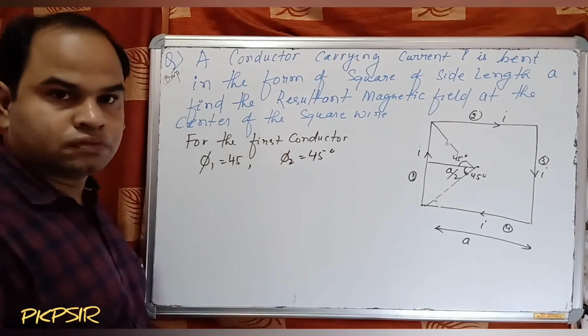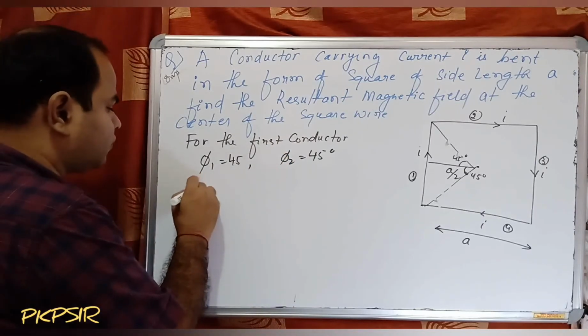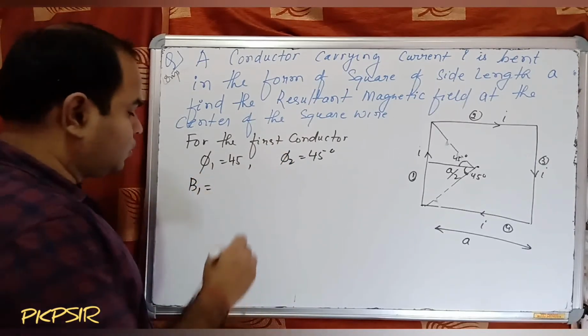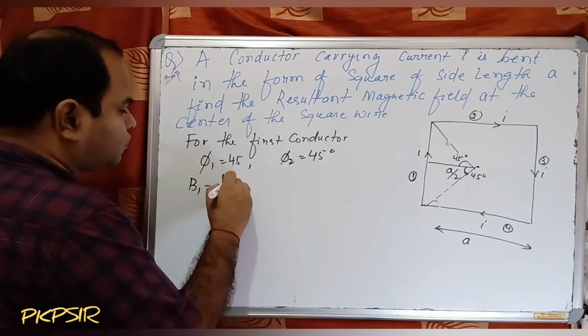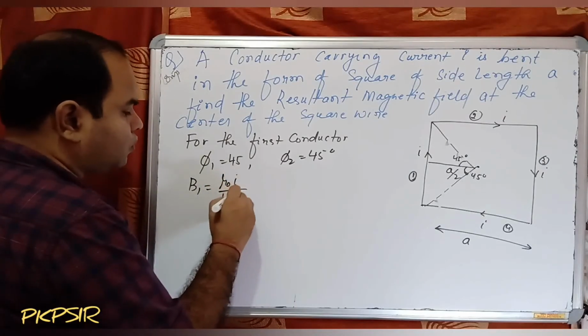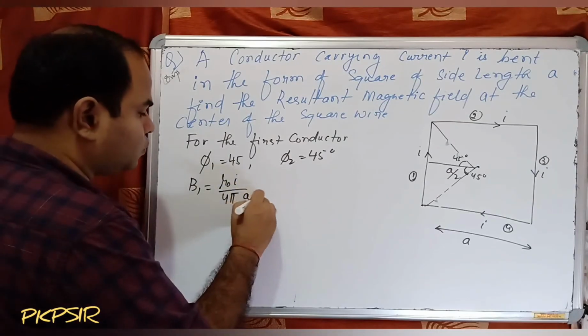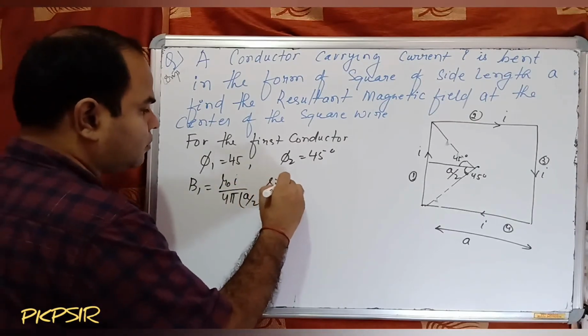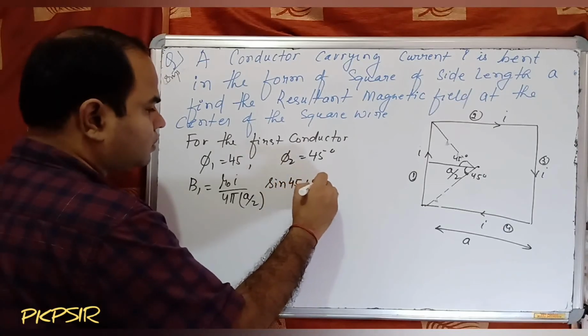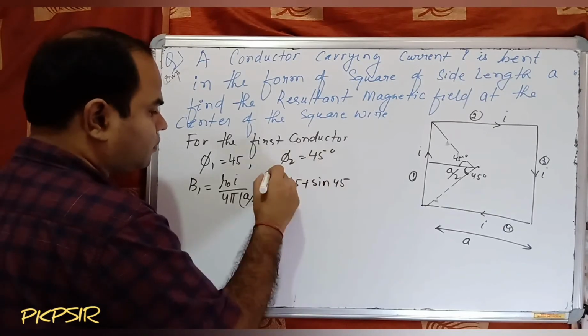Okay? The net magnetic field, let us say it is B1. So B1 is how much? That is mu naught I by 4 pi, length is A by 2, into sine 45 plus sine 45.